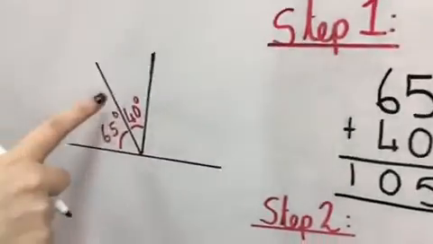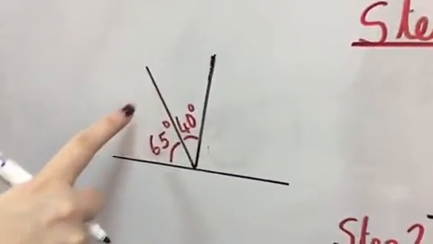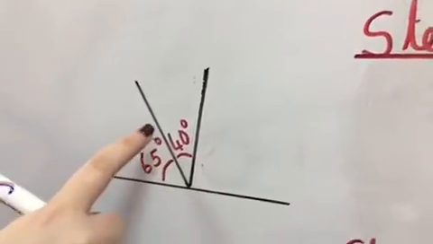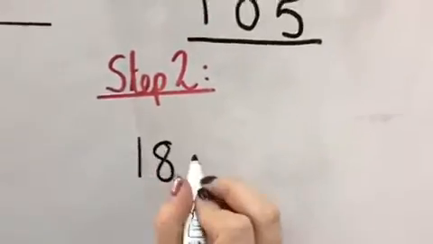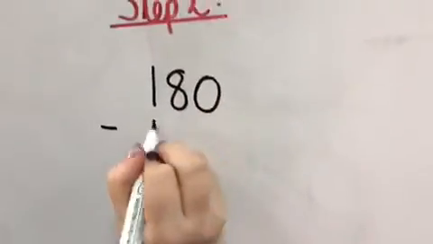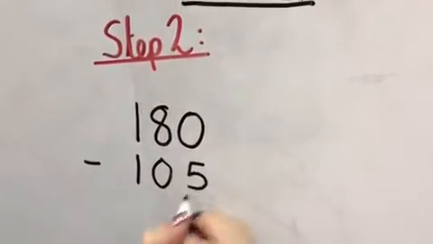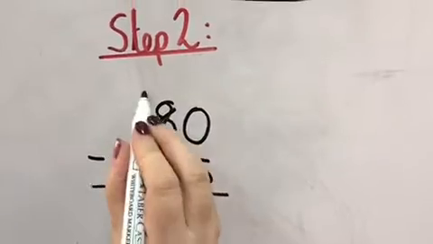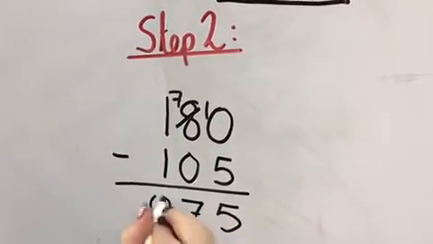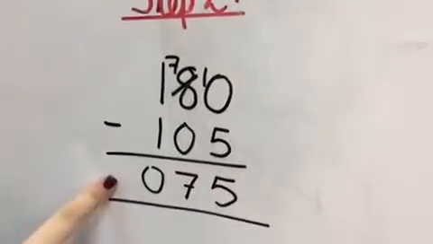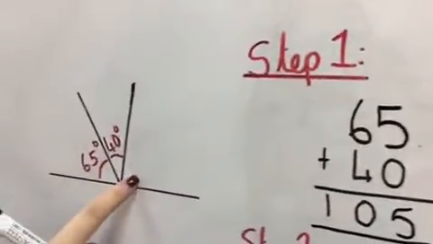Okay, now we're not done though. We need to do step 2 because that is just the answer to these two added together. Okay, so now we're going to minus that answer from 180. 180 minus 105. And our answer is 75, so that must be the missing angle.